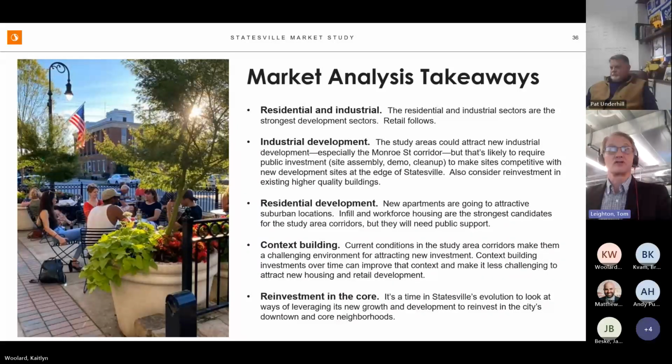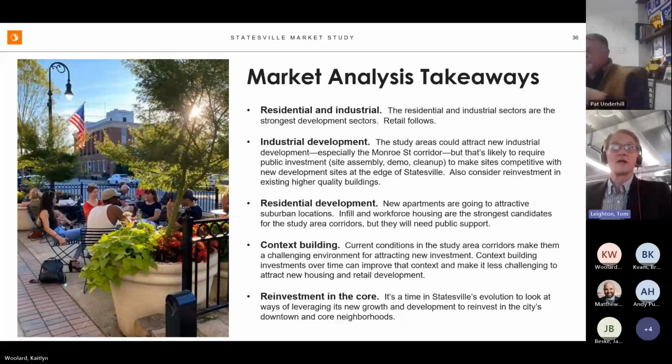Residential development, there's growing demand for residential development, and you can see with the growing economy that is likely to continue. In this corridor, you're not likely to see a proposal for luxury apartments like we're seeing in the perimeter because of the area context, but there are housing types that would certainly meet needs in Statesville that could be fostered in this area.